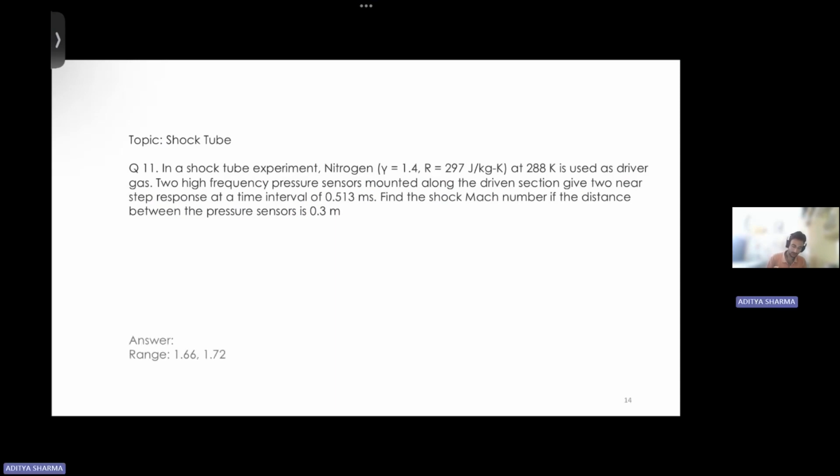So you see the answer. Our answer also falls in this region.